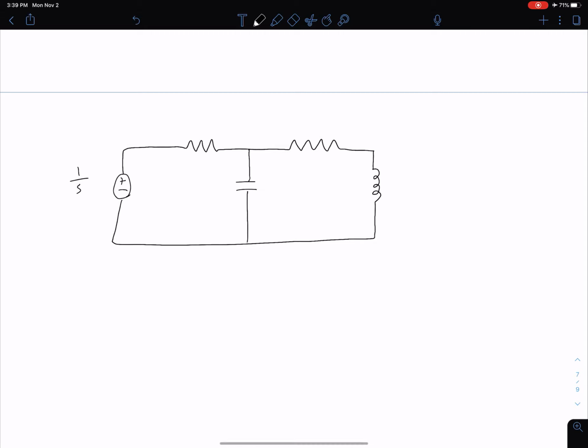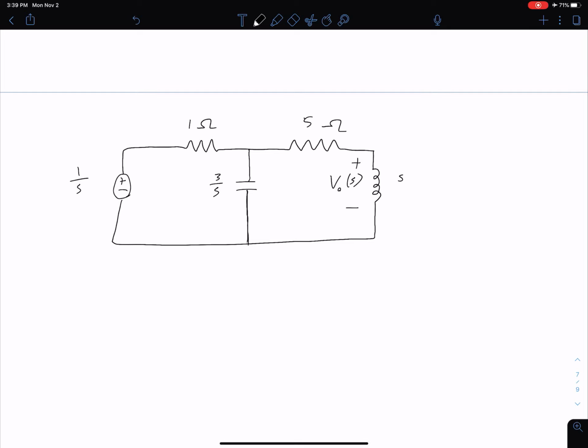And so again, because we had no initial energy, we don't have to include a current source or voltage source for our capacitor or inductor to represent initial conditions. So we have 1 ohm, 5 ohm, 3/S impedance, and an S impedance. And so keep in mind what we're trying to find is this output voltage here. Now that we're in the S domain, this is capital V, and it's a function of S.